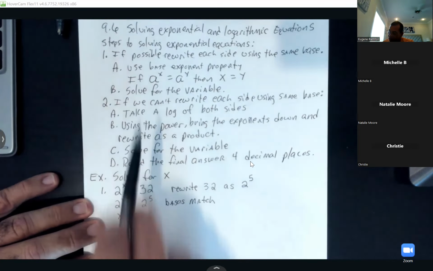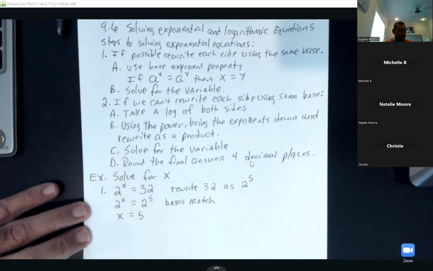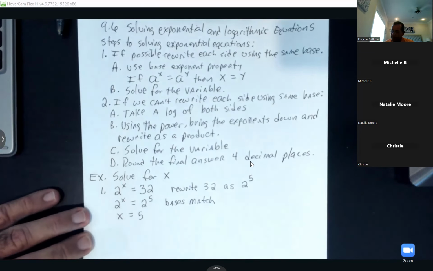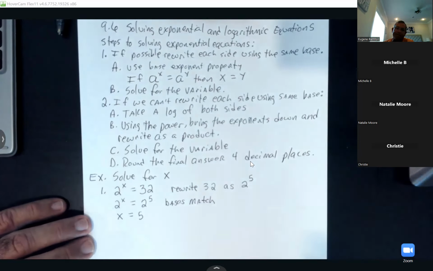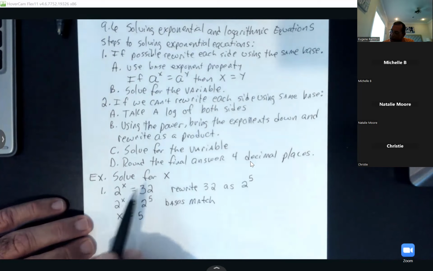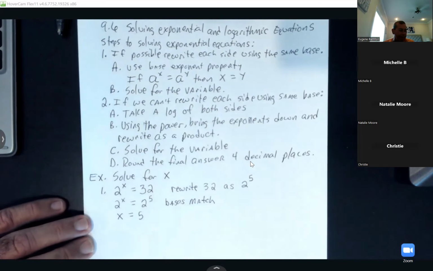Y'all don't have to solve for the variable because it's already solved on this one. So let's check this. If I put a 5 in for that X, 2 to the 5th power will equal 32. Y'all, they're not too bad. You just gotta try and see if you can get the right side from using that left side as your base, okay?